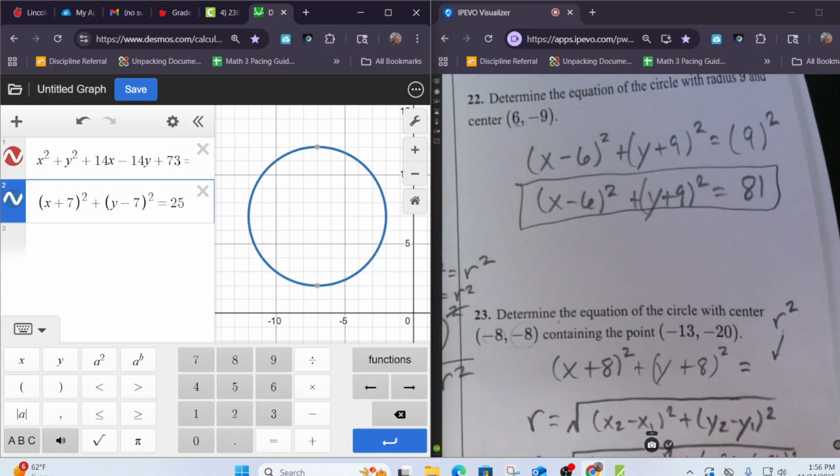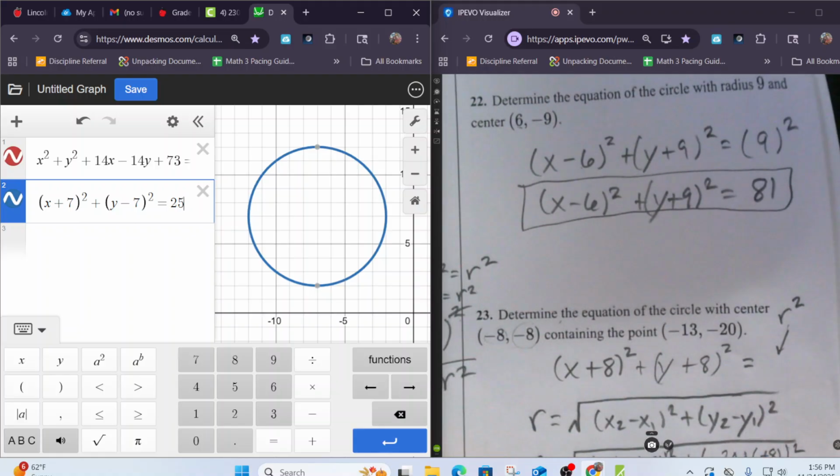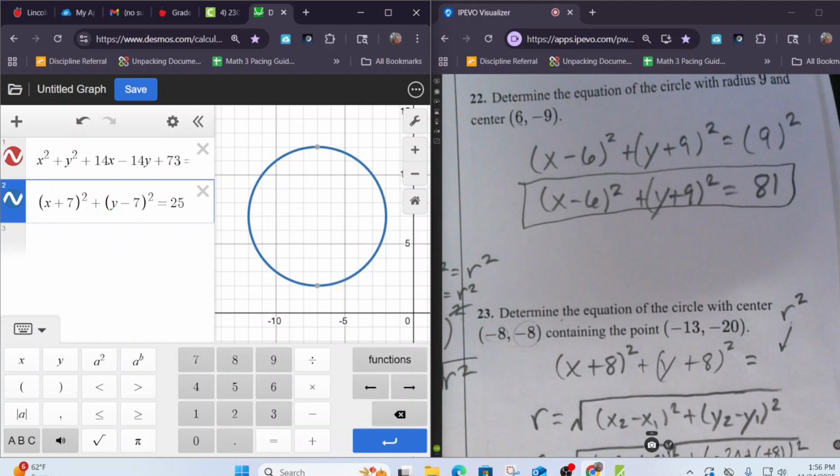And then that's going to be, minus a negative becomes positive, (-5)² plus, -20 plus 8 is 12. And then that's going to be 144 and 25.